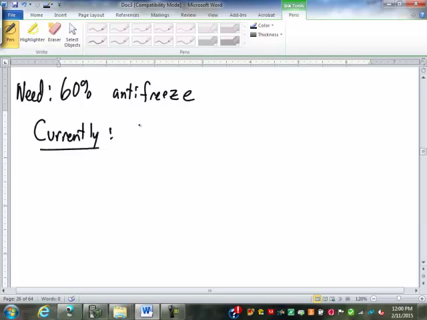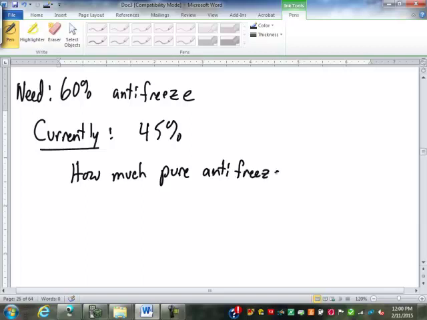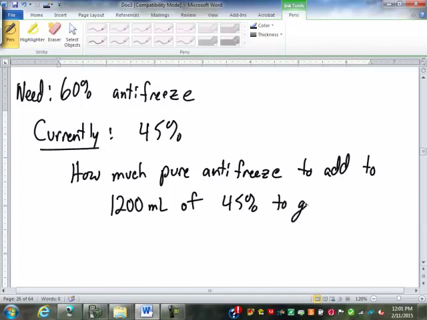Currently it is at 45%. So the question is, how much pure antifreeze to add to 1,200 milliliters of the 45% to get to the 60%.